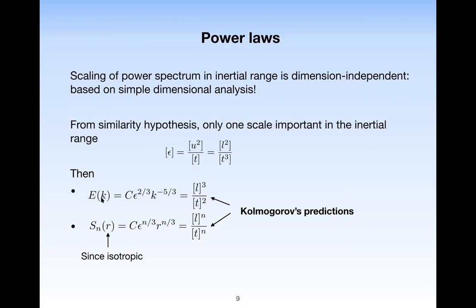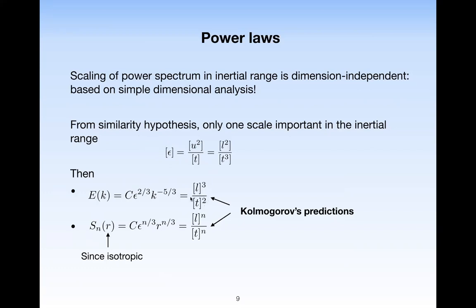But if the physics, and in particular the two observables that we're interested in, can only depend on this, then we should make up the dimensions using only epsilon and some length scales. And this is precisely what I'm doing here. So the kinetic energy power spectrum has units length cubed over time squared.